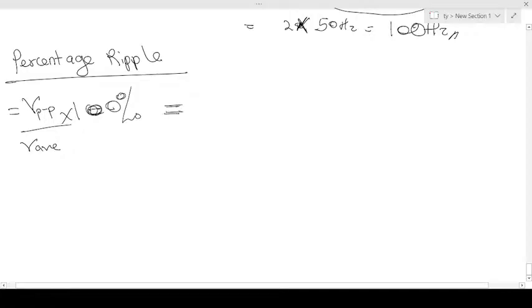Now our V peak to peak was 325.3, and our V average was 207.